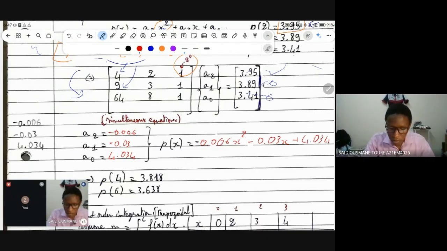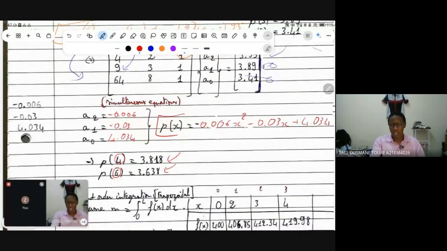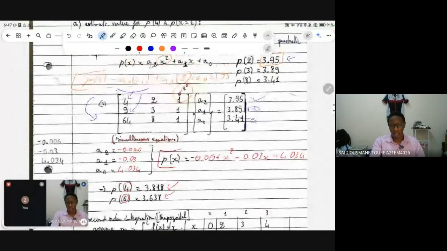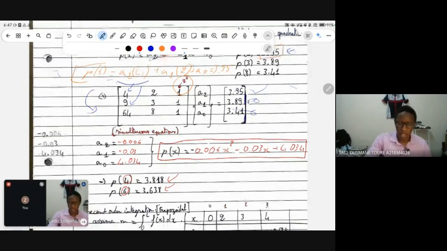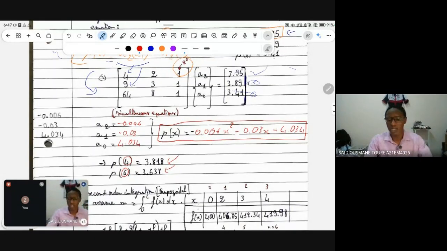Now you have row of X. How easy it is to determine row of 4 and row of 6. Just like that, you get the values 1 and 2, and you're good. Question A has been answered or no? Okay, perfect.